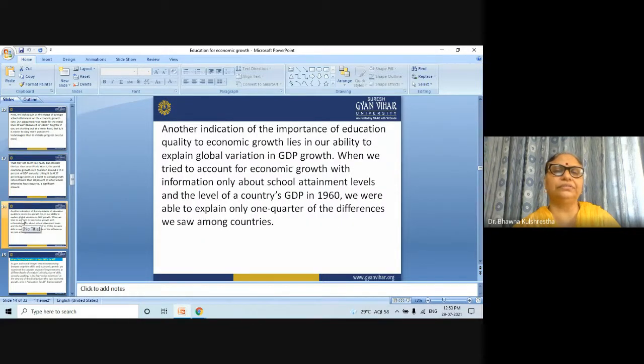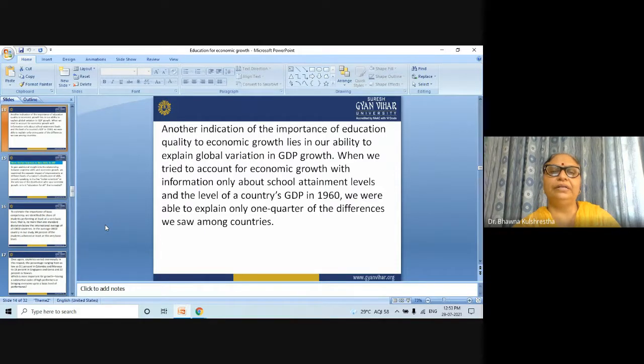Another indication of the importance of education quality to economic growth lies in our ability to explain global variation in GDP growth.